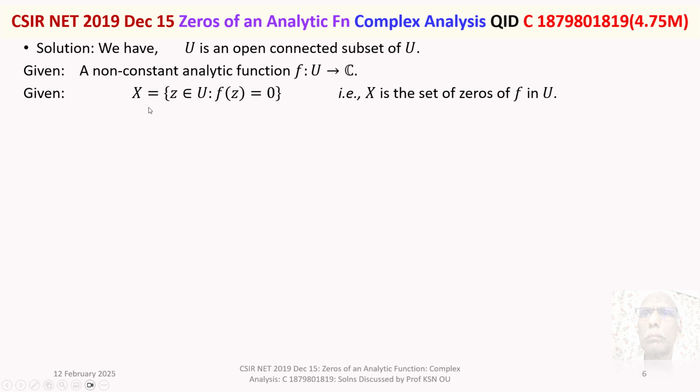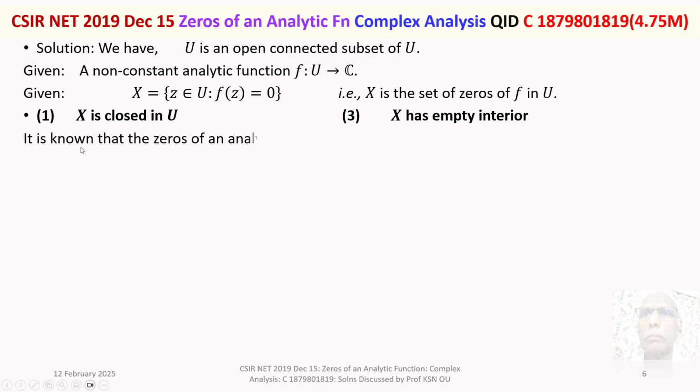That means X is the set of zeros of F in U. Right. We focus on options 1 and 3. Option 1, X is closed in U. Option 3, X has empty interior.